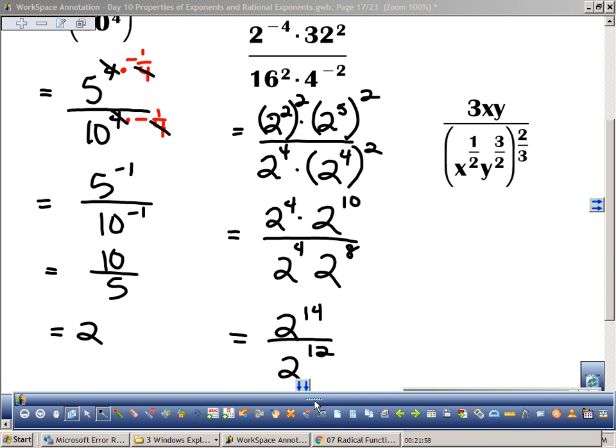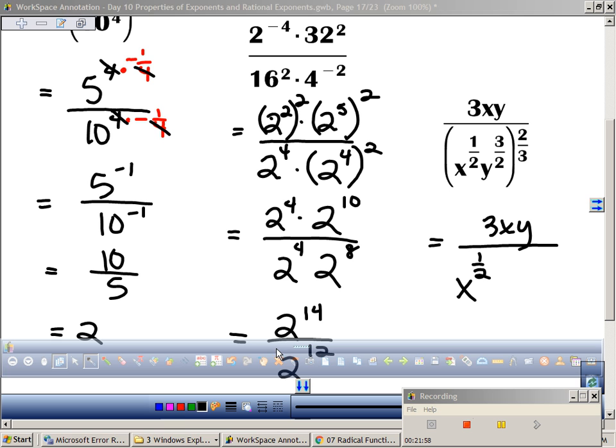All right, let's do this one. I'm going to go a little bit faster. So, first thing I'm going to do is I'm going to distribute. I've got x to the 1/2 times 2/3. Then I have y to the 3/2, and I have that to the 2/3.